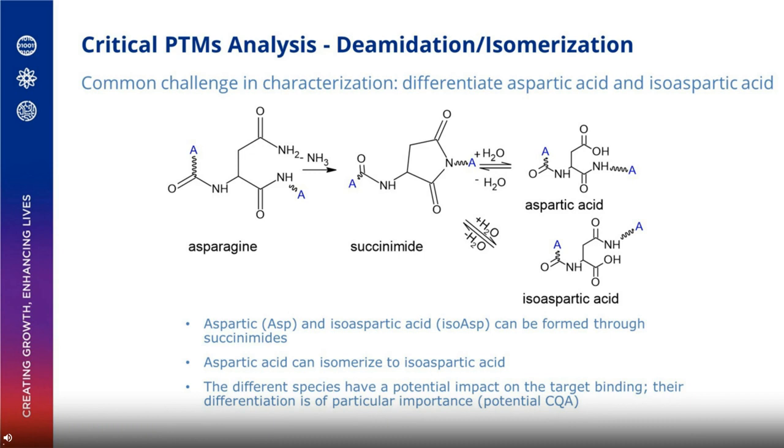Generally, both aspartic acid and isoaspartic acid can be generated from asparagine through deamidation via succinimide, and after long-time storage, aspartic acid can also isomerize into isoaspartic acid. CAD can identify the deamidation site, but cannot differentiate the two isomers exactly.